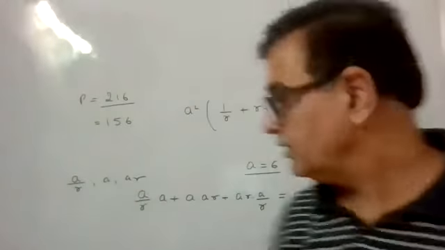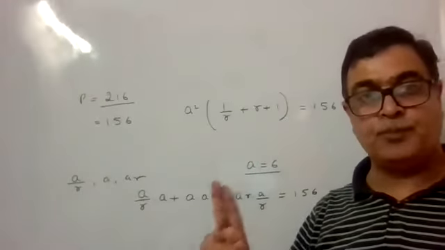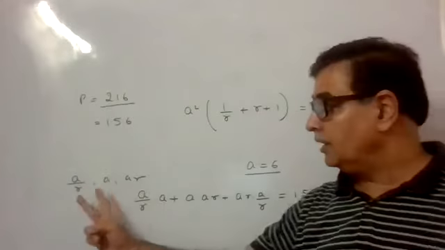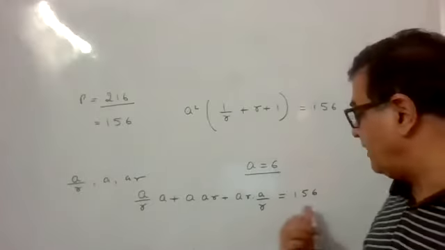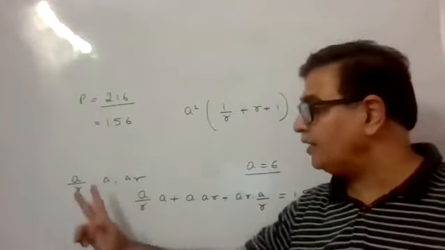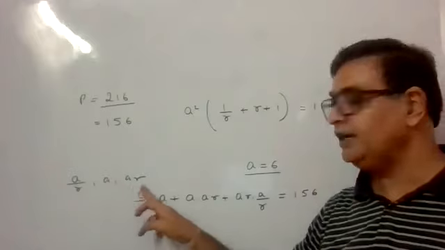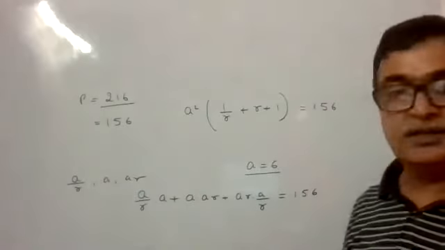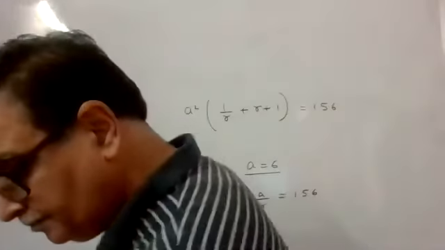The question says the sum of the product in pair. You take pairs of these numbers, find their products, and their sum comes out to be 156. So the first pair is A by R into A, plus the second pair is A into AR, plus AR into A by R, the third pair. That is coming 156.